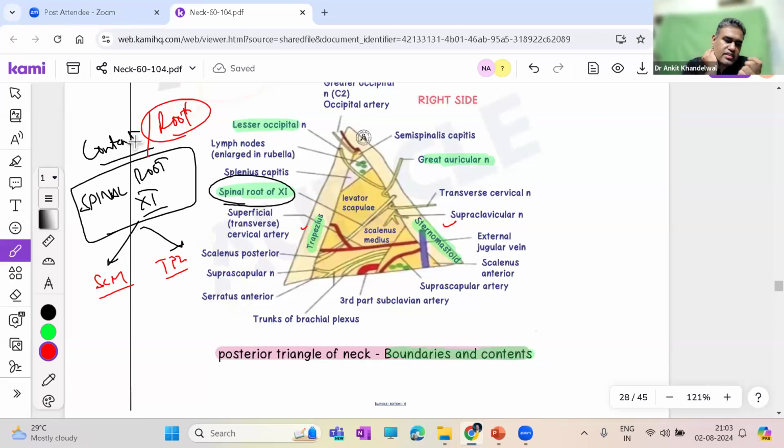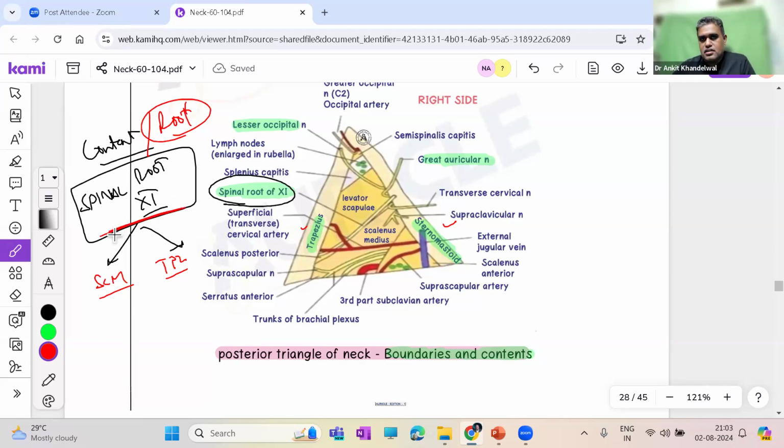If a small cutaneous nerve is damaged, the patient doesn't feel much of it. But if the motor nerve is damaged, these huge muscles, sternocleidomastoid and trapezius, will be paralyzed, then the patient will rush. So therefore this nerve becomes very important.